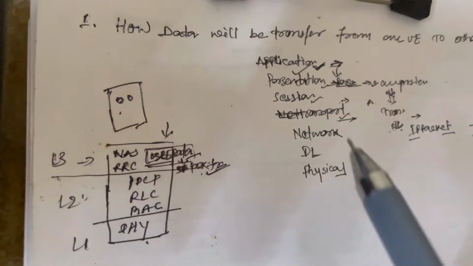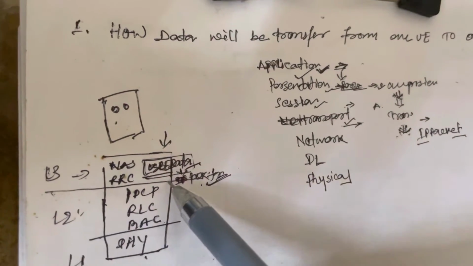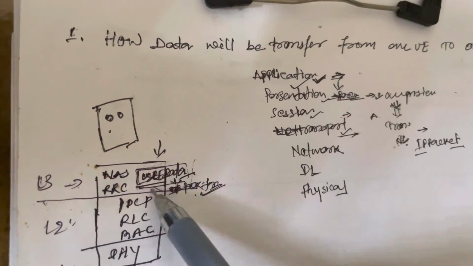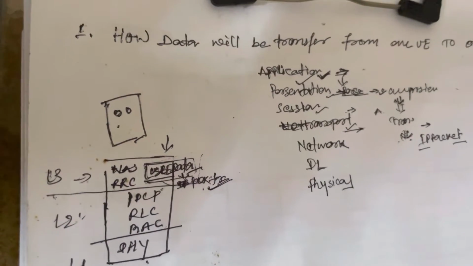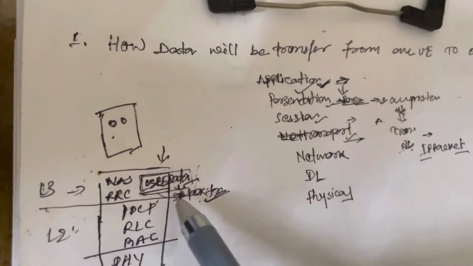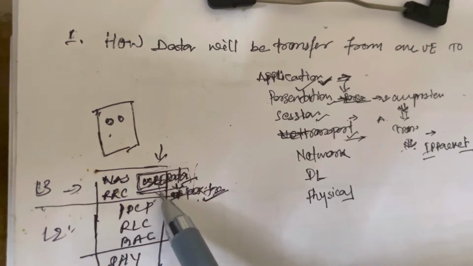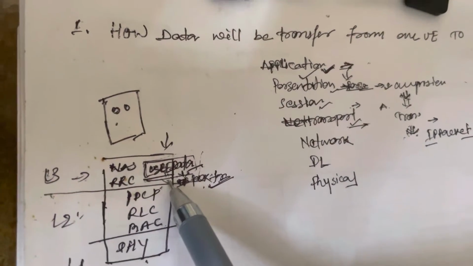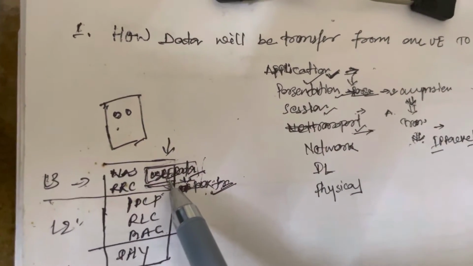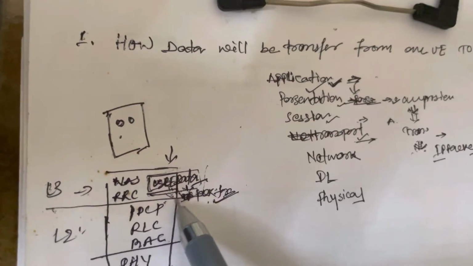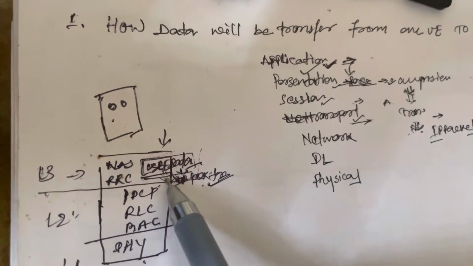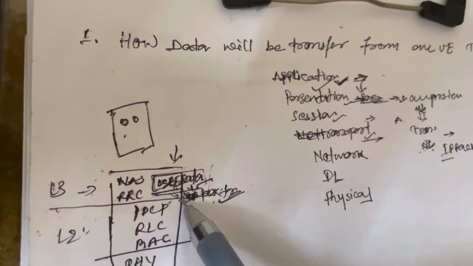So first, you can understand that you have user data, okay, but the UE can't directly send it. Why can the UE not send this data? Because first the UE needs an IP ID. So how will the UE get the IP ID?